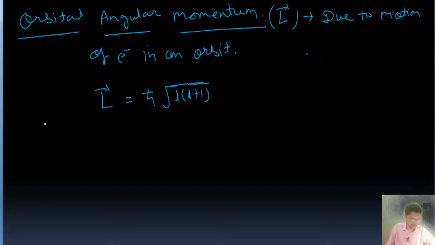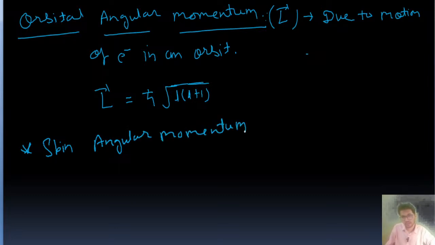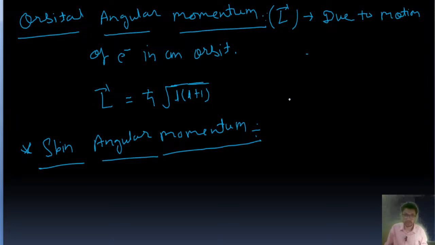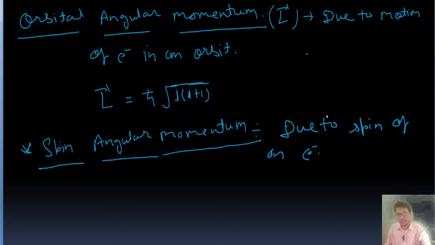Next is spin angular momentum. This is due to the spin of an electron, and this is because of spin angular momentum.